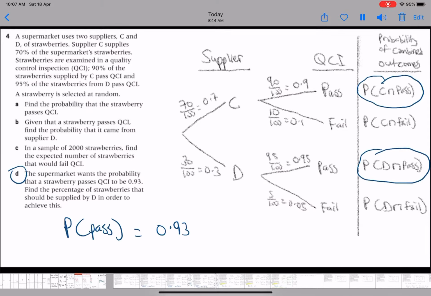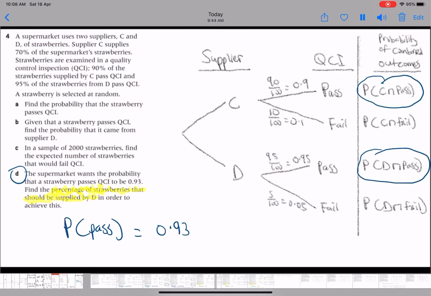And they want us to figure out what is the percentage of strawberries that should be supplied by D. In the beginning, the question says that 70% came from C and 30% came from D. Now, they want to change that. They are asking what should be the percentage from D such that the probability of pass is 0.93. So, we have to discard the 0.3 and 0.7. We have to find out the new number.